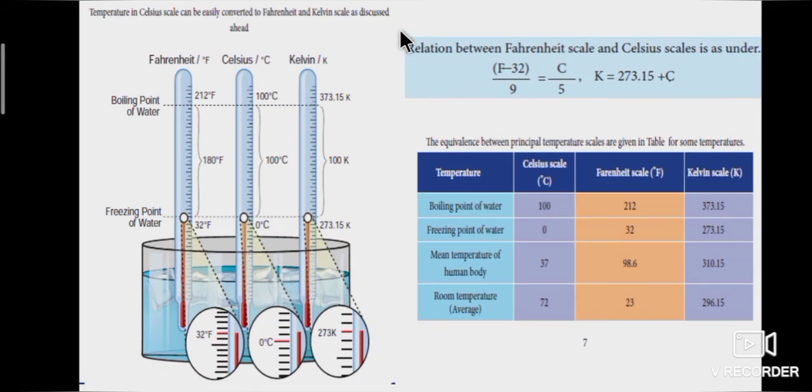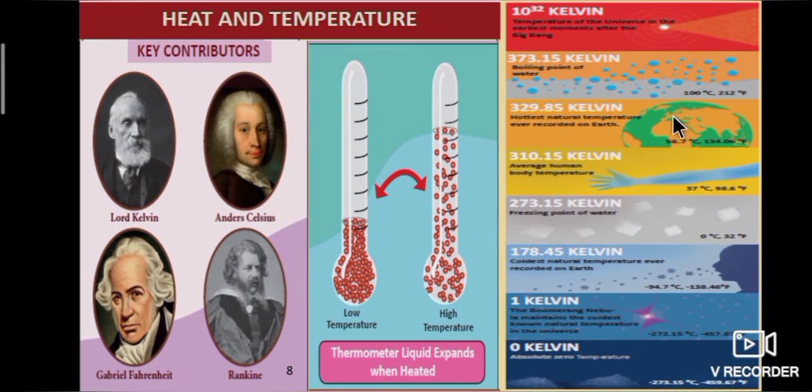Page number 7 explains about the relation between degree Celsius, degree Fahrenheit and Kelvin scales. The relation is (F minus 32) divided by 9 is equal to C by 5. F is Fahrenheit, C is Celsius. And Kelvin, K is equal to 273.15 plus C. Page number 8 explains about the outlook of the lesson.